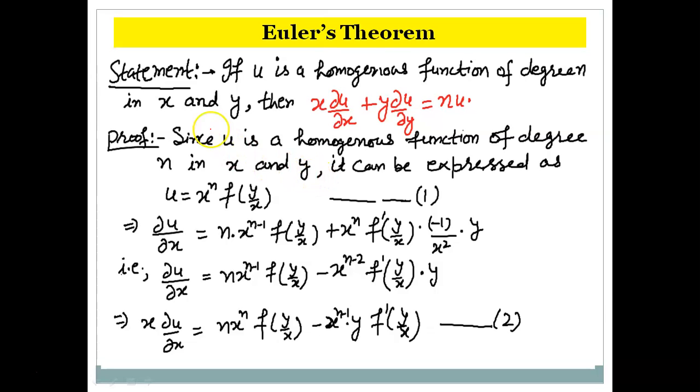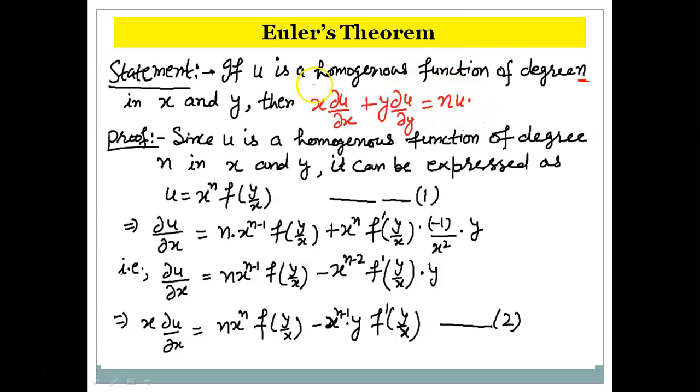The statement of the theorem is: if u is a homogeneous function of degree n in the variables x and y, then the expression x del u by del x plus y del u over del y is equal to n into u. n is the degree of the homogeneous function.